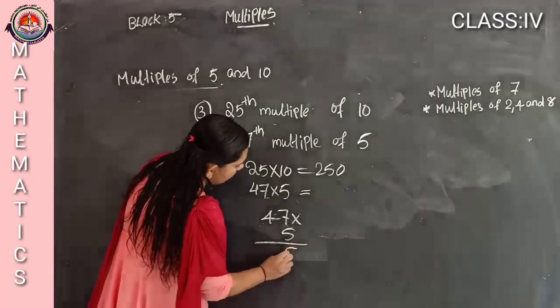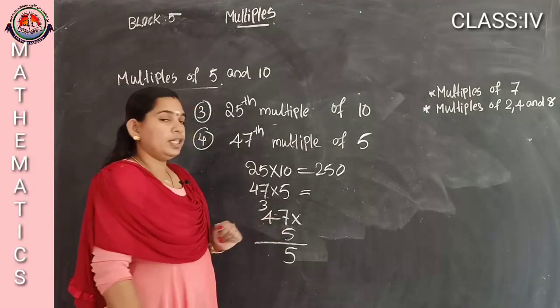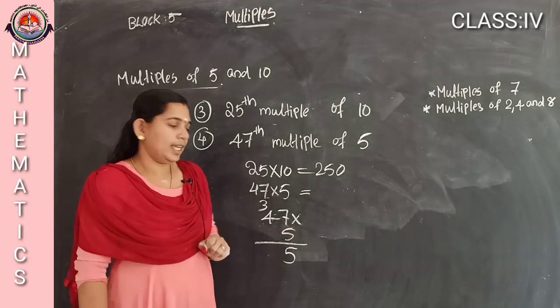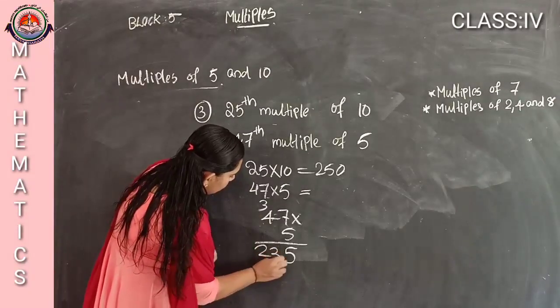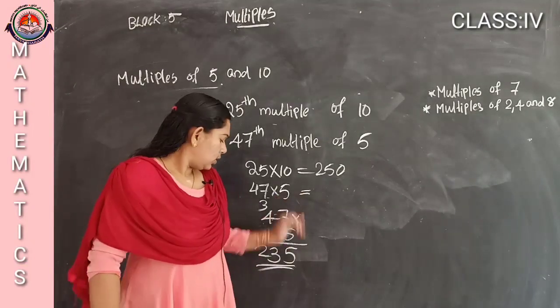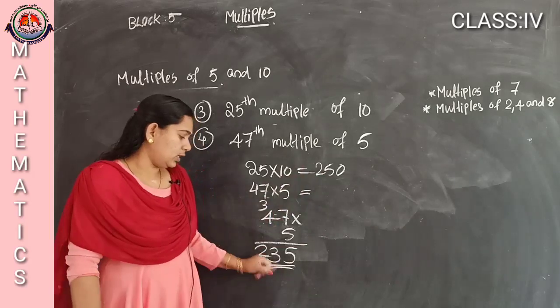We write 5 here, 3 as carry. 5 into 4, 20. 20 plus 3, good, 23. Have all got this answer? 250 and 235.